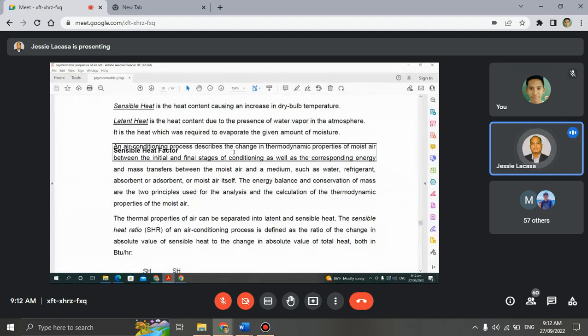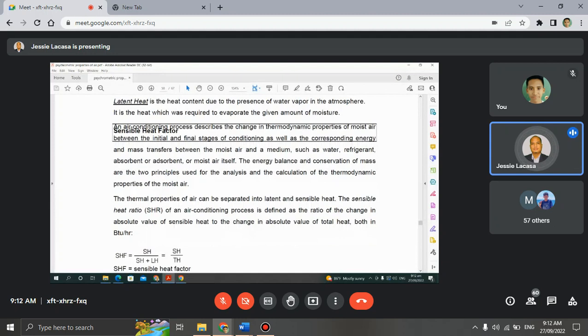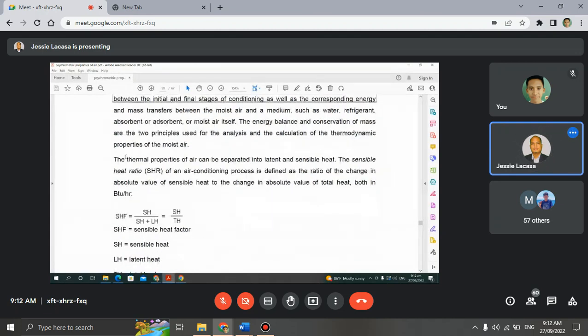An air conditioning process describes the change in thermodynamic properties of moist air between the initial and final stages of conditioning, as well as the corresponding energy and mass transfers between the moist air and a medium such as water, refrigerant, adsorbent, or moist air itself. The energy balance and conservation of mass are the two principles used for the analysis and calculation of the thermodynamic properties of moist air. The thermal properties of air can be separated into latent and sensible.